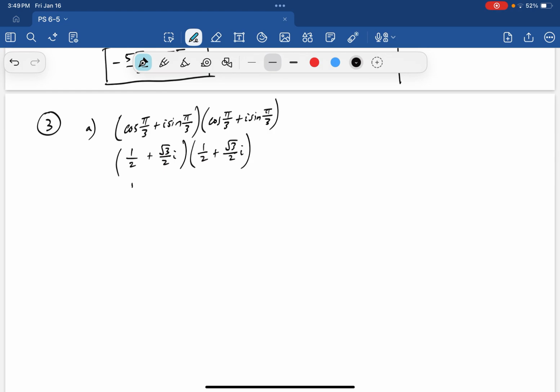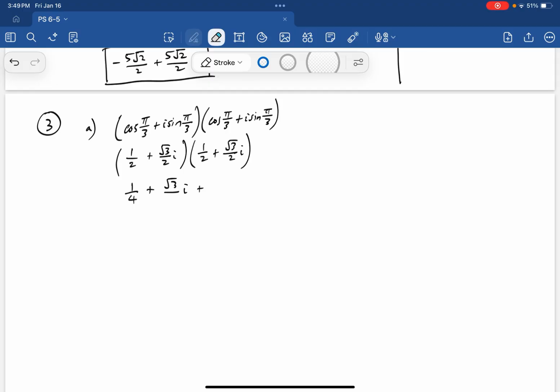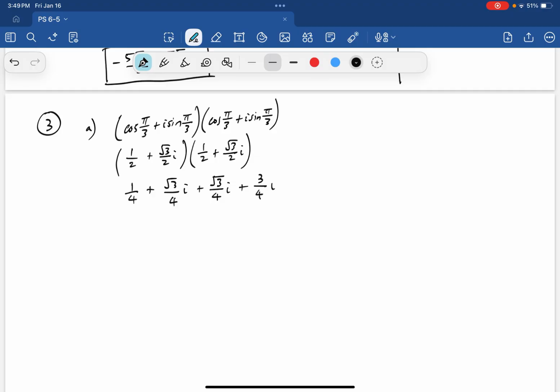Then if we FOIL this, we'll have 1/4 plus root 3 over 2i plus, make it simpler, okay, and that should be our expansion.